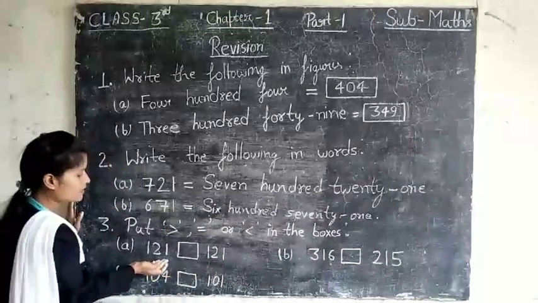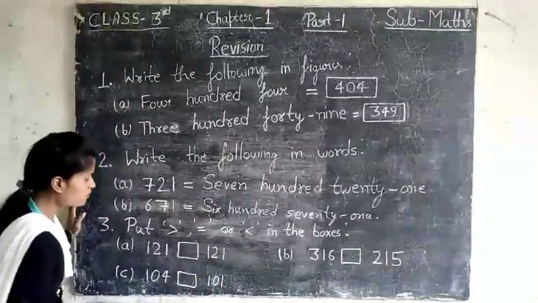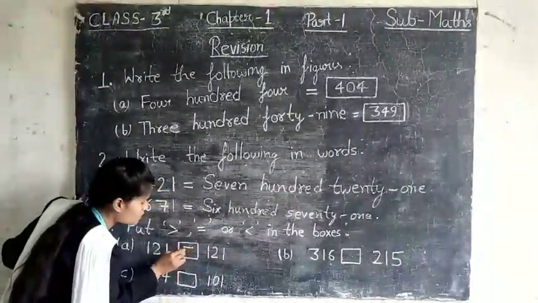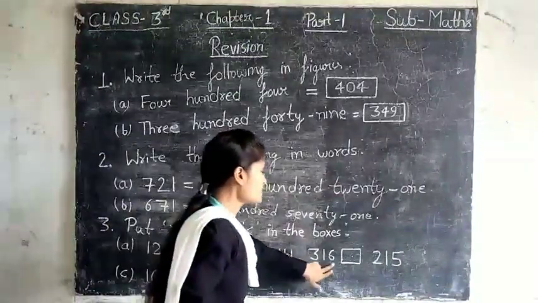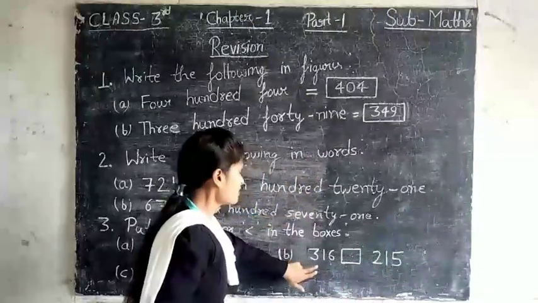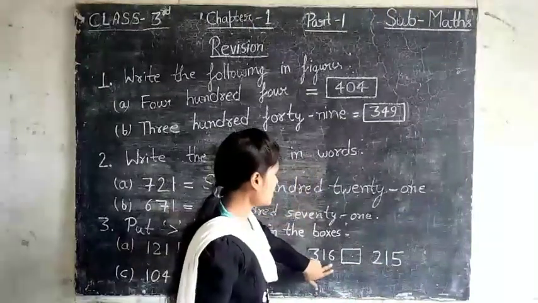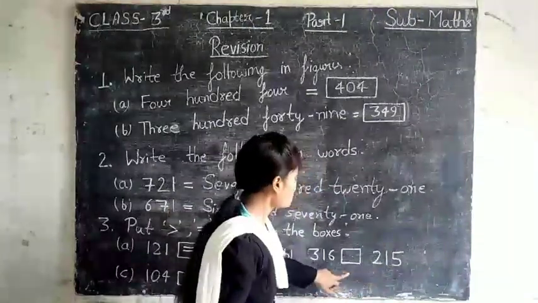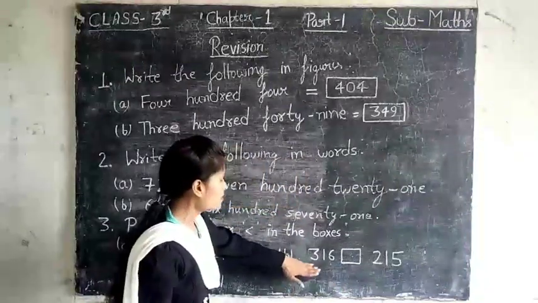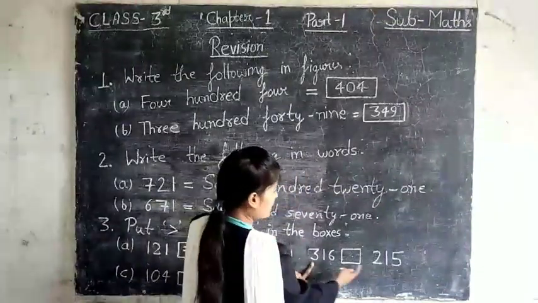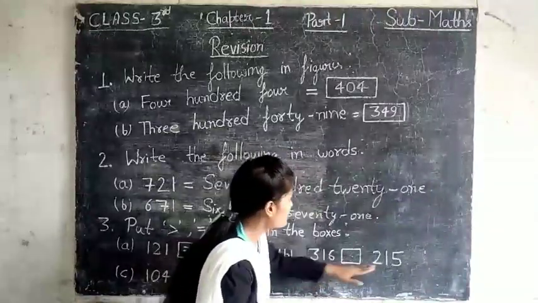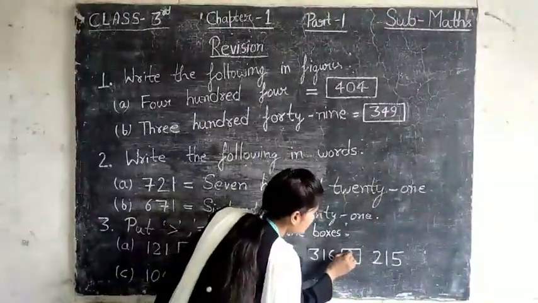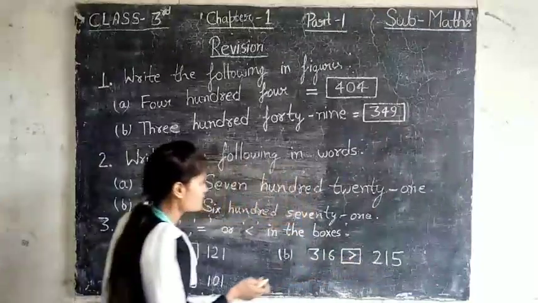So 121 is equal to 121. So here the symbol is equals to. Next is B, 316 and 215. Here 3 is greater than 2, so 316 is greater than 215.